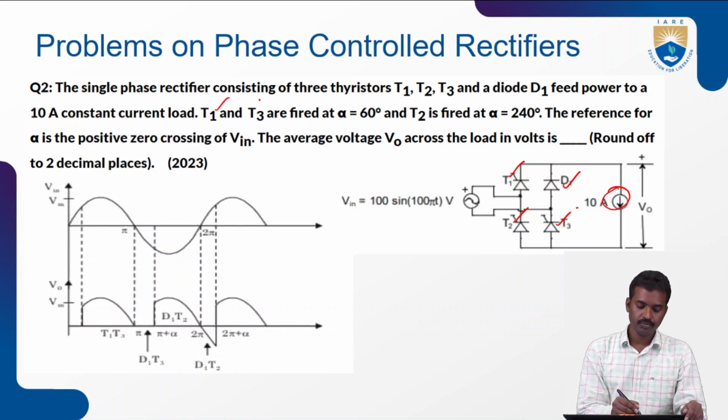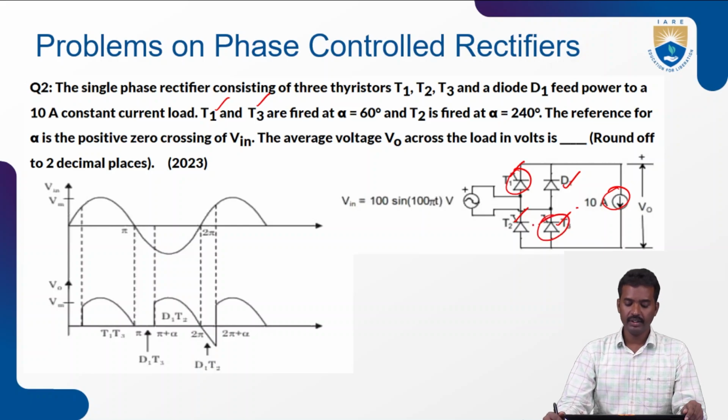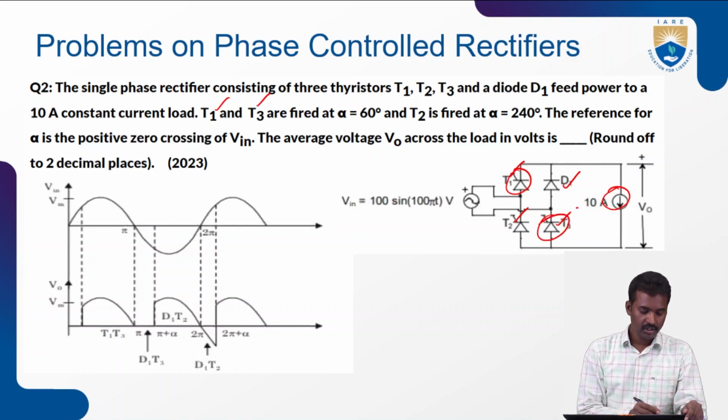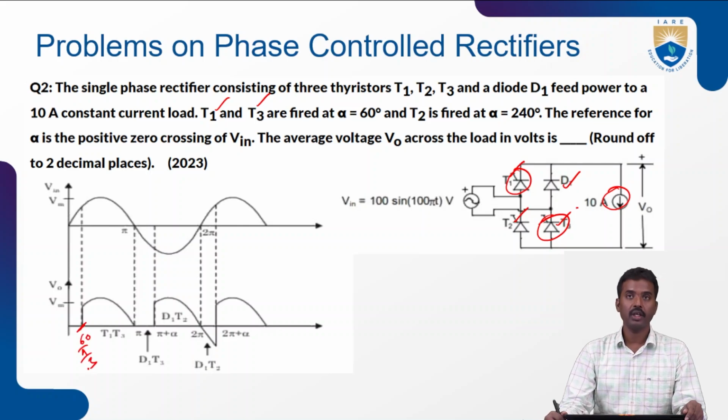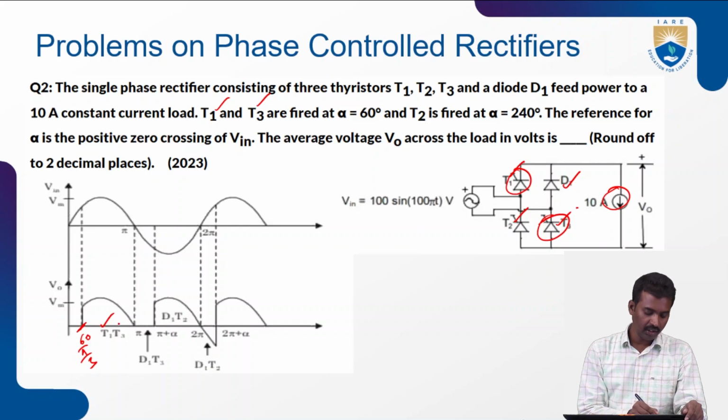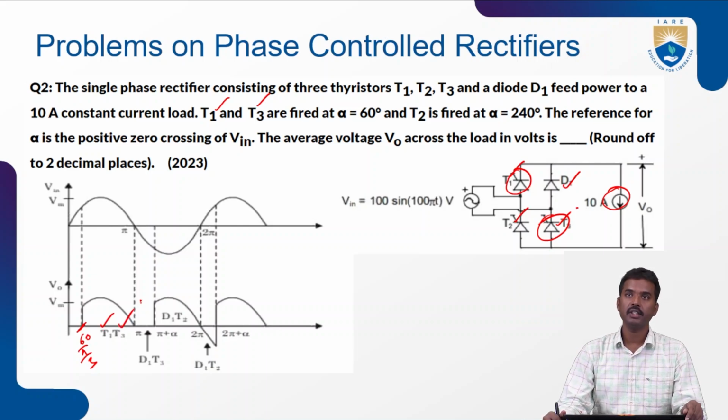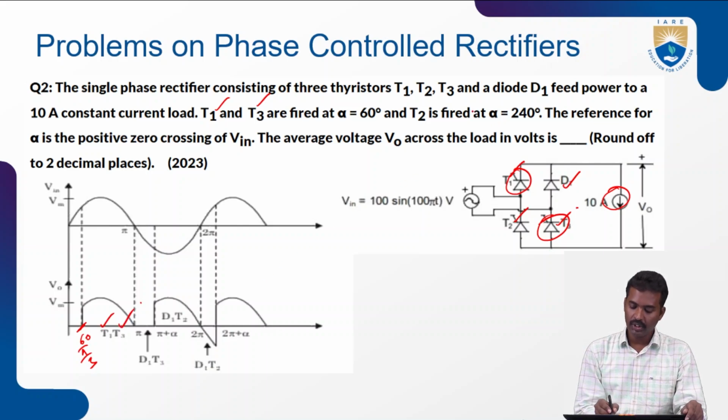T1 and T3 are triggered at 60 degrees, that is pi by 3, and T2 is triggered at 240 degrees.